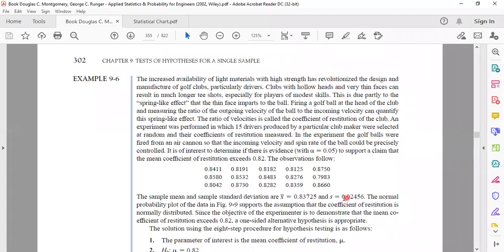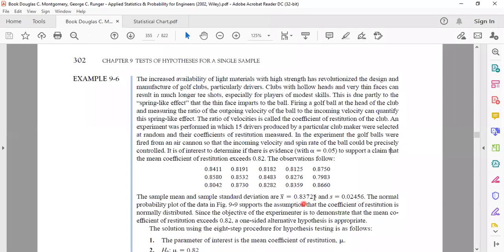To calculate this standard deviation, they divided this summation, xi minus x bar whole squared, not by 15 but by 14, and therefore the degrees of freedom reduced to 14. How did they calculate this particular standard deviation?